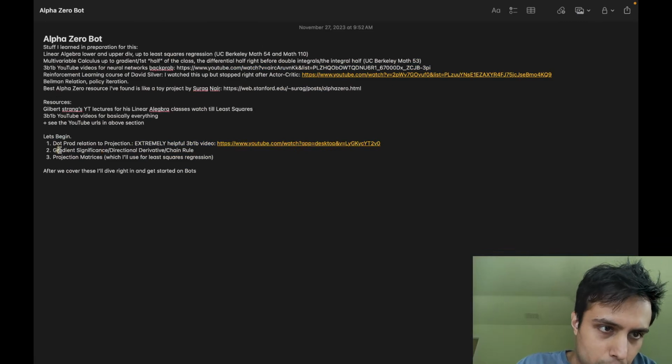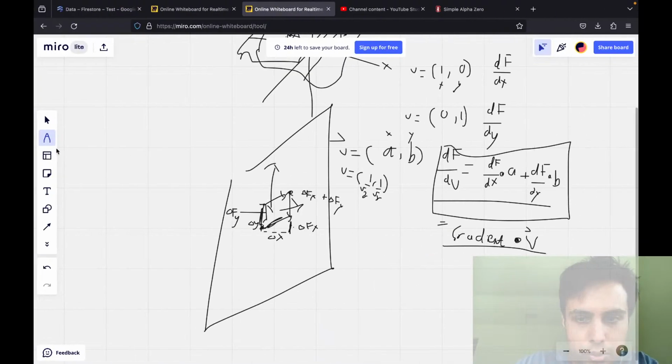So a natural question arises about the gradient's significance. If v is 1 over square root of 2, and we go at a 45-degree angle, then we get this much change. Now the question is, what's the best angle to choose?